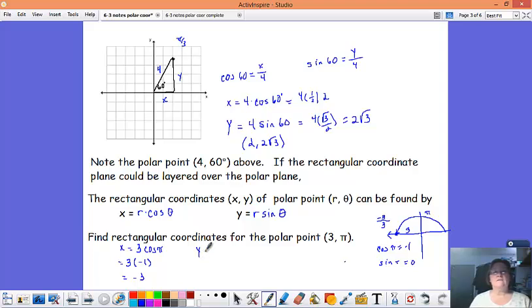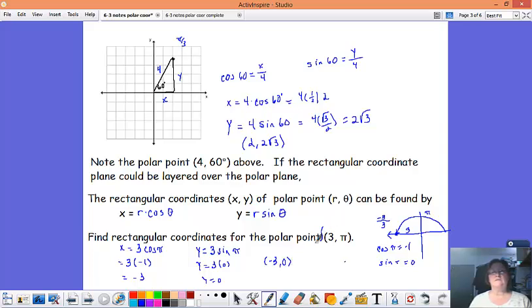The y for this polar point takes the radius 3 and multiplies by the sine of theta, which is the sine of pi in this case. The sine of pi is 0, so the y coordinate is 0. And we are looking at the point (-3, 0).